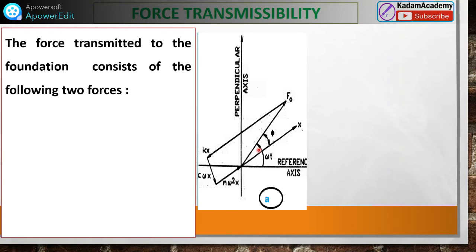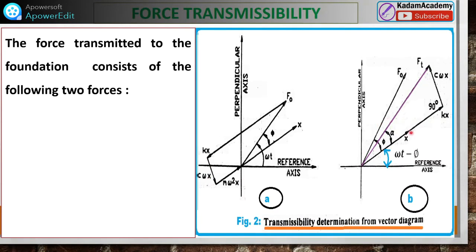Okay, so what will happen? These two forces, Kx and C omega x, this is figure 2a and this is figure 2b, the Kx and C omega x are the common forces acting on this mass and also on the foundation. So this force transmitted, how can we find out the vector sum? This Kx is at 90 degrees to C omega x.